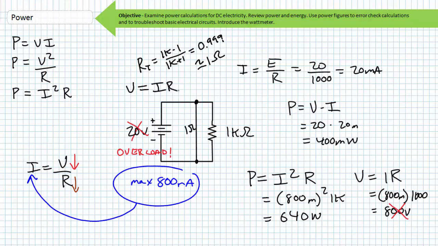Again, via Ohm's law, voltage is current times resistance. 800 milliamperes times 1 ohm yields approximately 0.8 volts. Again, an extremely small voltage because our opposition is low, yields our maximum permissible current draw of 800 milliamperes.